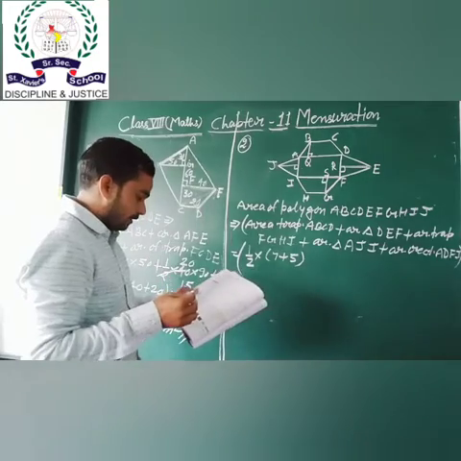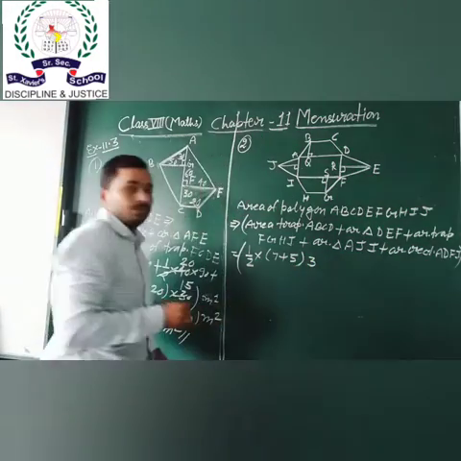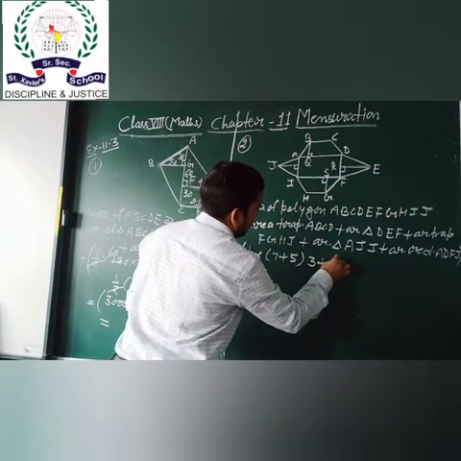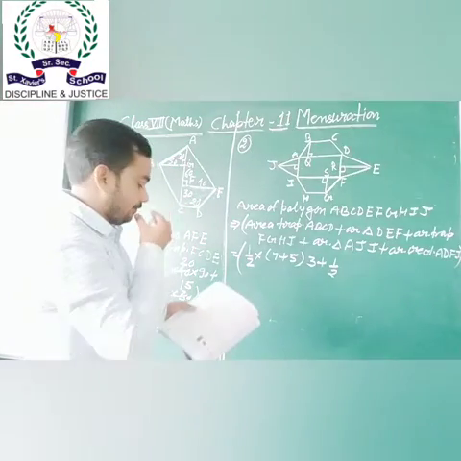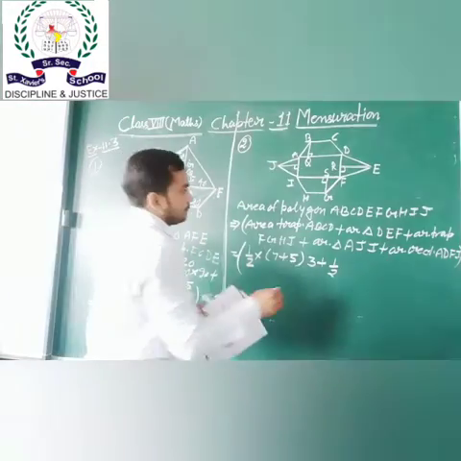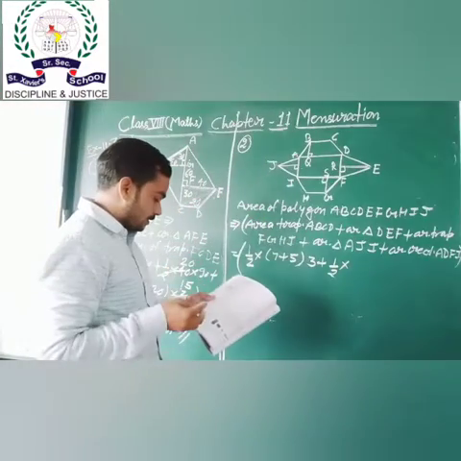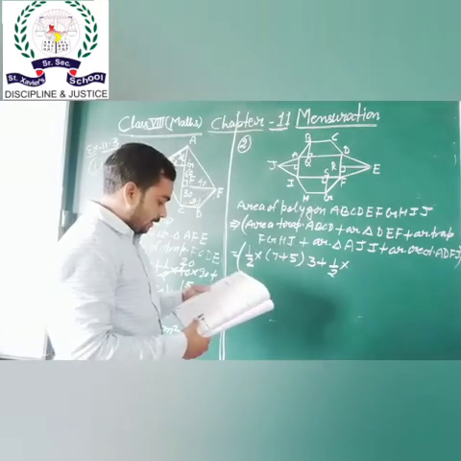The distance between them BQ is 3. So 1/2 into 7 plus 5 into 3 plus 1/2 area of triangle DEF. So DF is the base. So find DF.